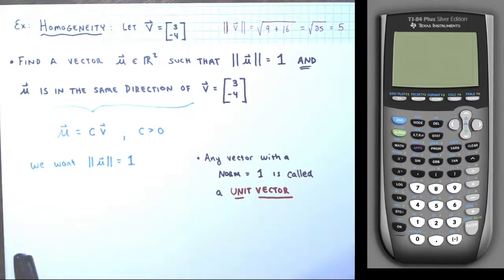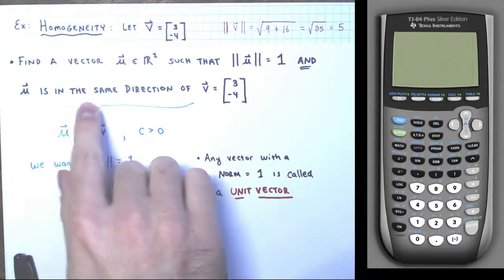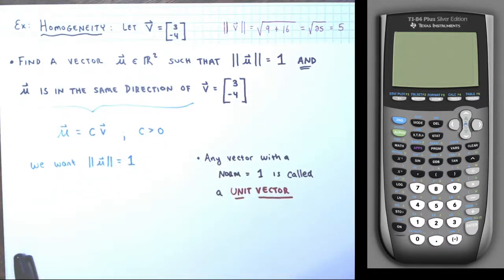So what we're looking for here is a unit vector that points in the same direction as v. And this process I'm going through, finding a unit vector in the same direction as another vector, is called normalizing that vector, which I'll write down after I'm done with this example.